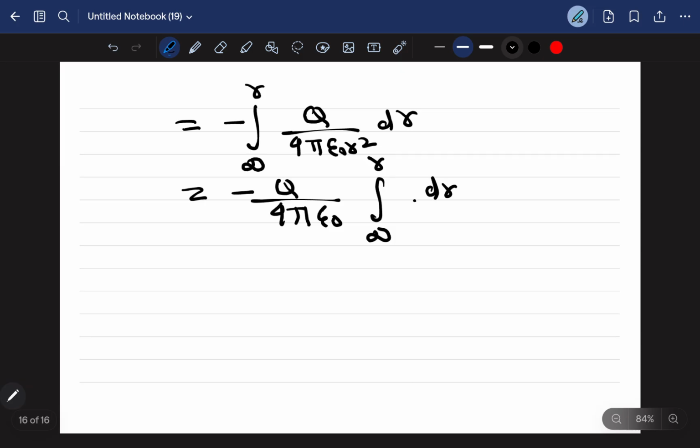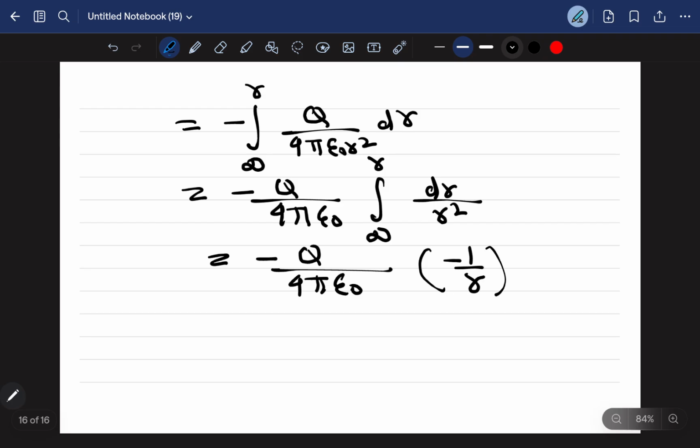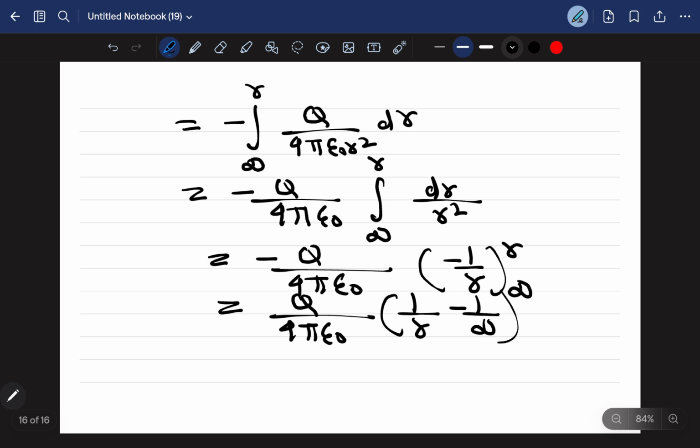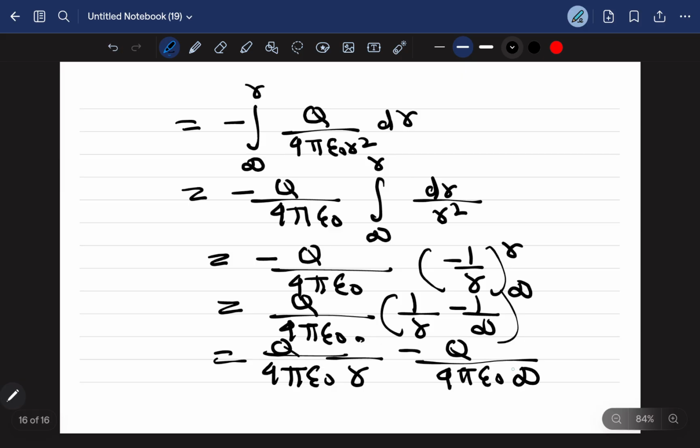We get dr by r square, whose integral is minus 1 by r, with limits infinity to r. Now this negative will be cancelled, giving Q by 4 pi epsilon naught into 1 by r minus 1 by infinity.